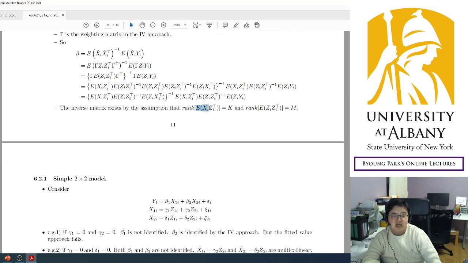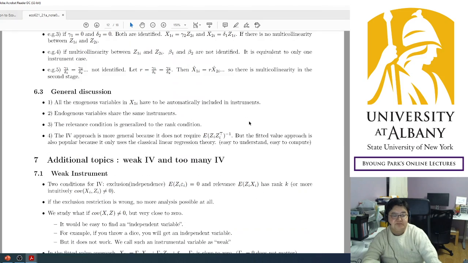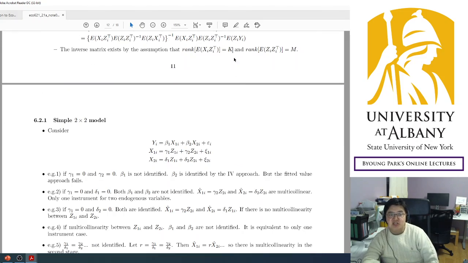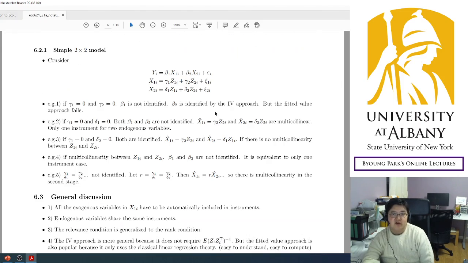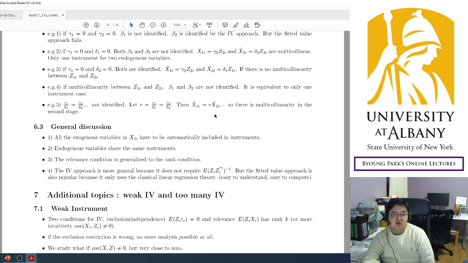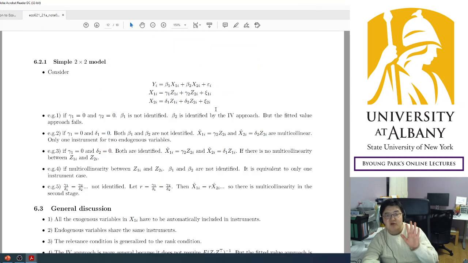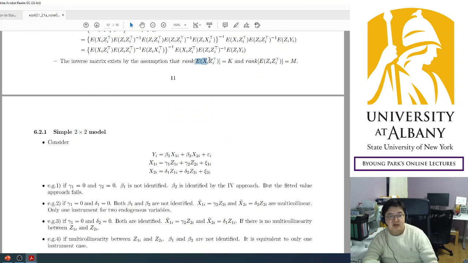You can think of it as a kind of covariance matrix, so the rank of the covariance matrix is k. This is the extension of the relevance condition, the non-zero covariance condition. As I said, this expectation is a covariance, so it is also about the non-zero covariance assumption.